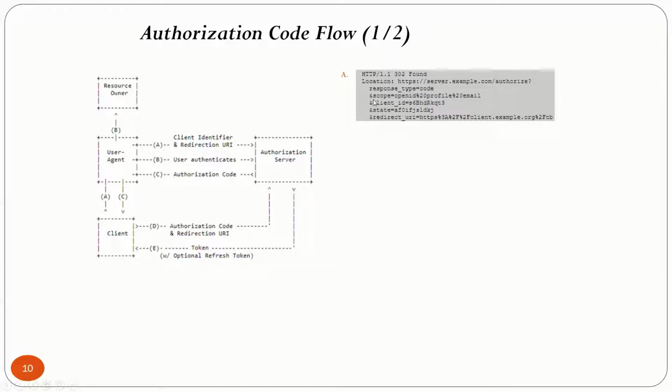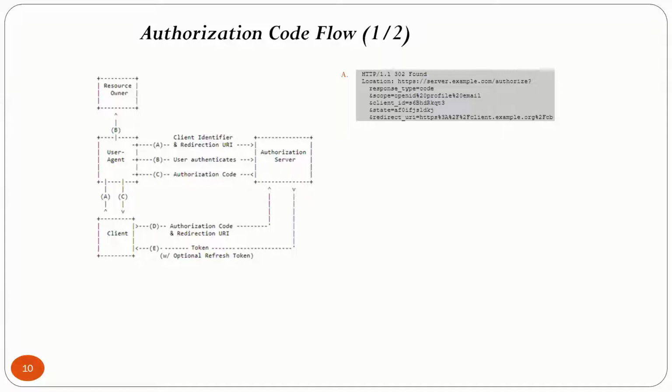Then we have the scope. Okay, pay attention to this. I think the scope is one of the key elements of OAuth2 and OpenID Connect. Scope is an OAuth2 mechanism to limit application access to a particular resource.